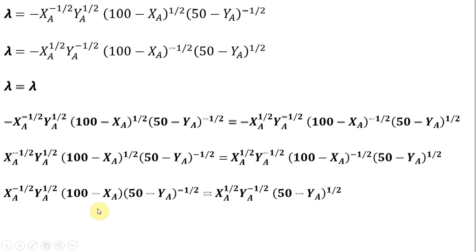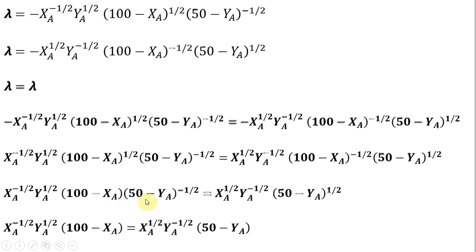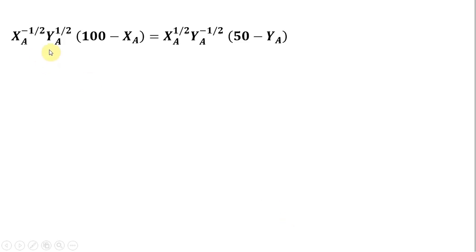And then the next thing I'll do is take this 50 minus Y subscript A to the minus 1/2 power and divide everything through by that. Doing that, the right-hand side will just simplify to 50 minus Y subscript A. Rewriting that last result.